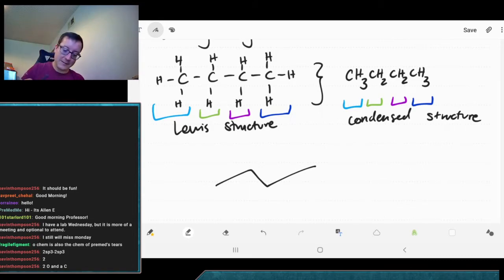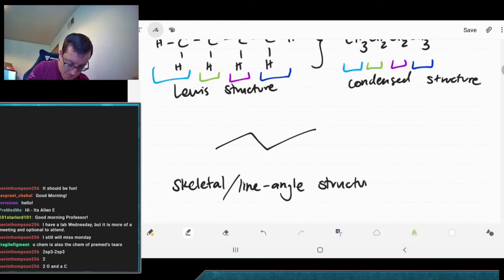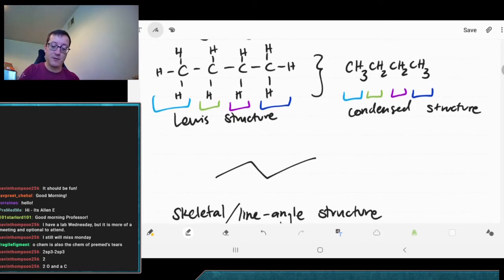This is called a skeletal structure or line angle. And this is identical to the two structures above. They're just different ways of showing the same molecule here. But look at how quick it was to draw that skeletal structure than it was to draw everything else.